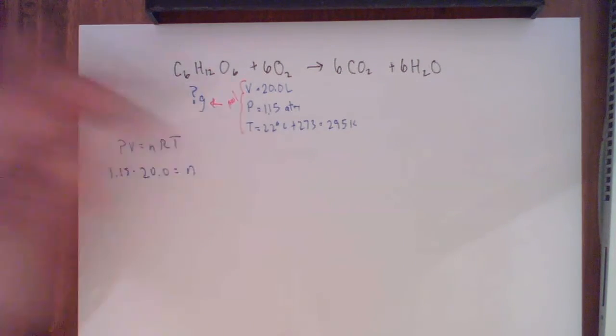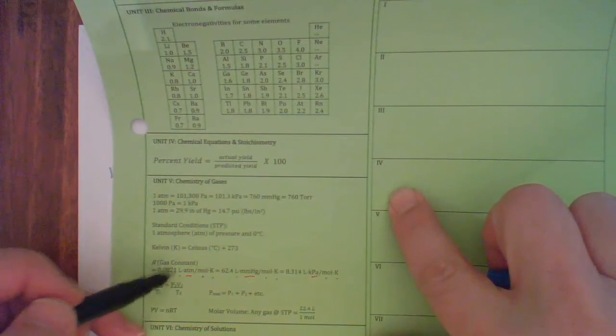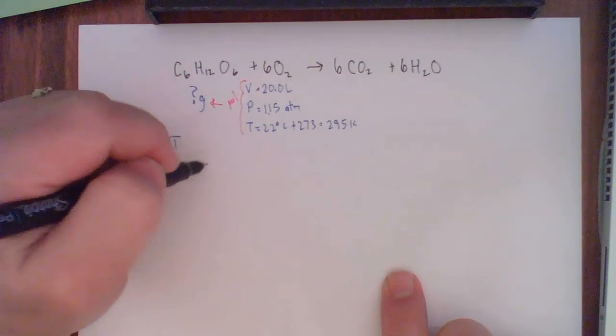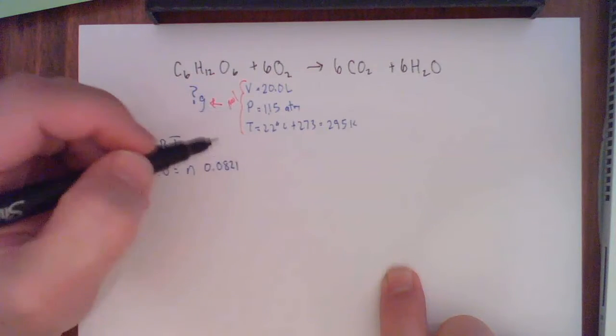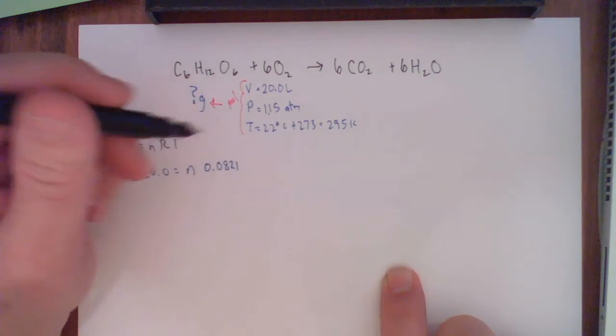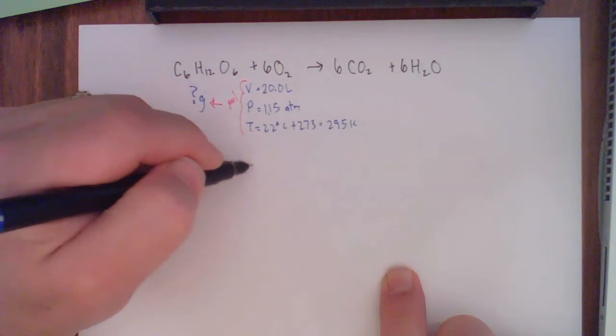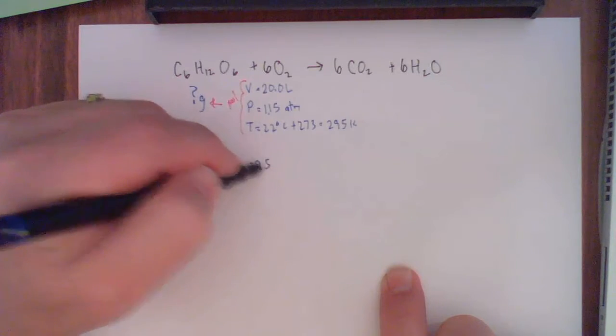Now, because this is in atm, I'm going to go back to my green sheet and check here. My atm one is the 0.0821 constant, so 0.0821. That's atm liters per mole Kelvin. And then we use our Kelvin temperature of 295.